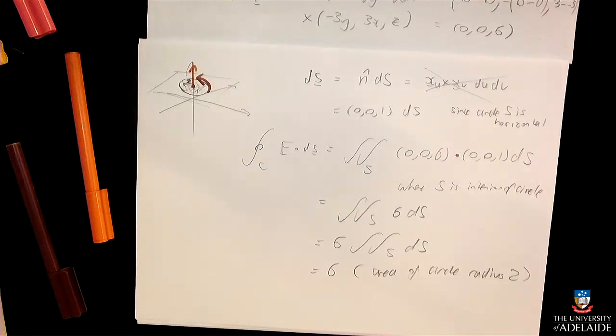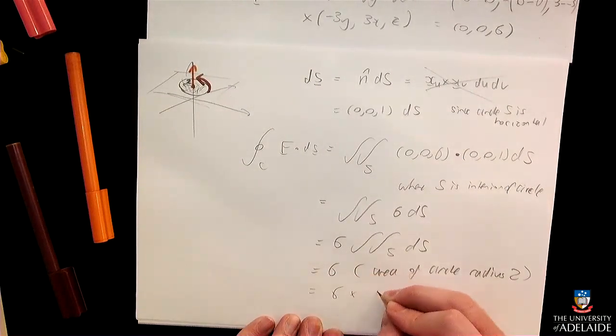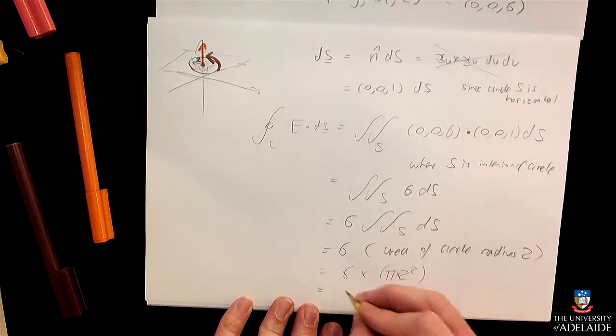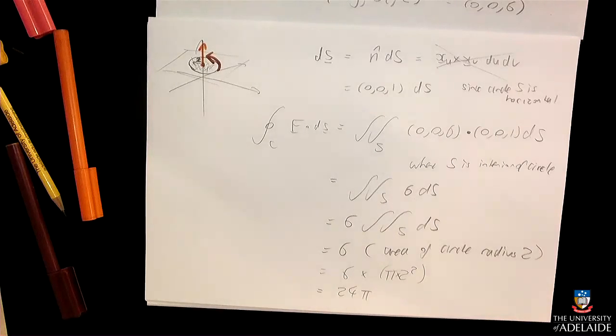Oh, the suspense is killing me, my pencil. Bang! All right, there we go. So it turns out that even though many of these integrals are not areas, sometimes they are.